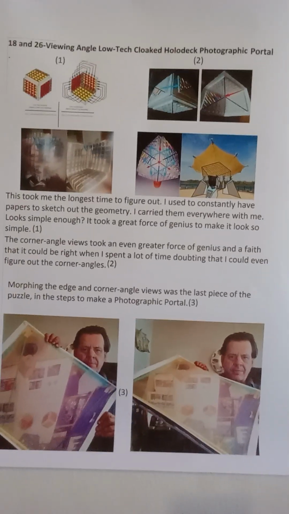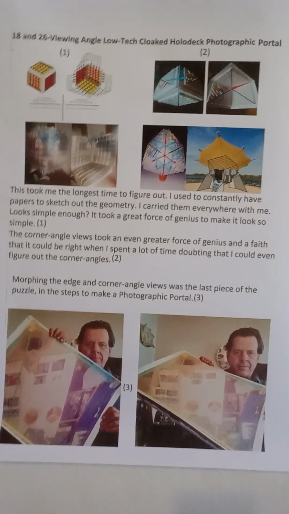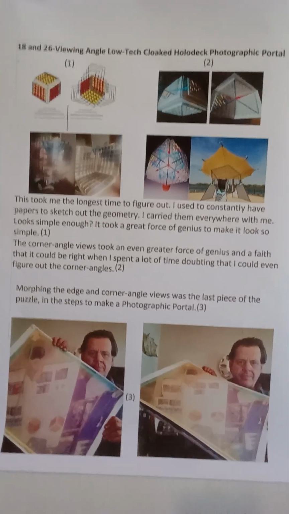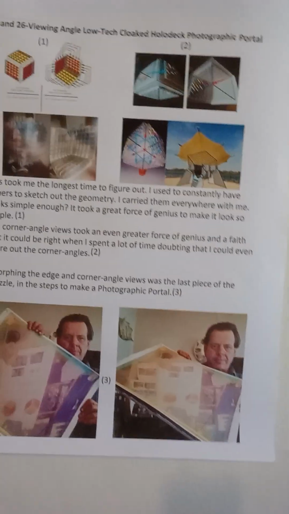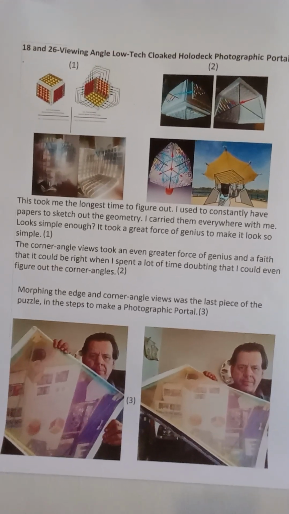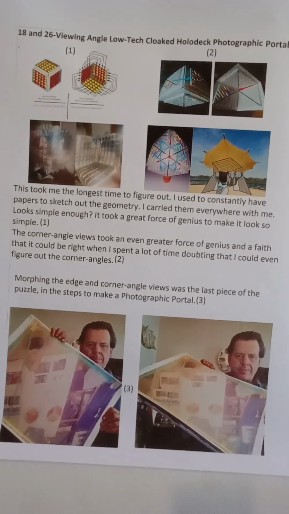And you can phrase this and read this if you want to, but this just tells how, at the very end, the last piece of the puzzle is how a photographic hologram will appear inside of my model.